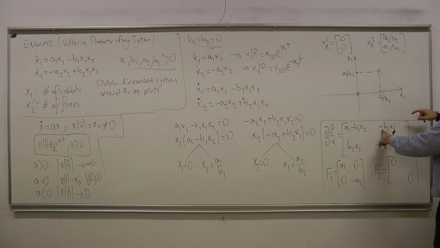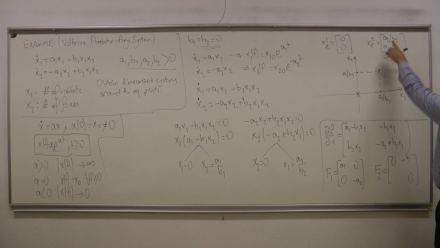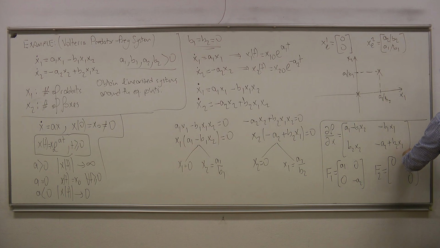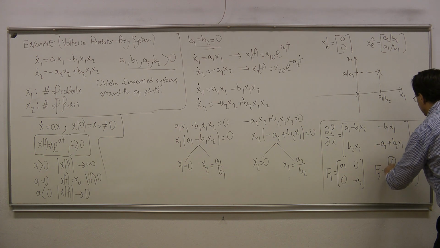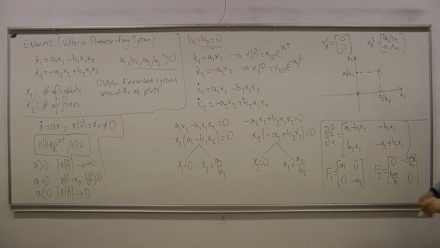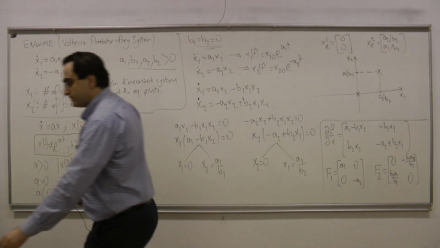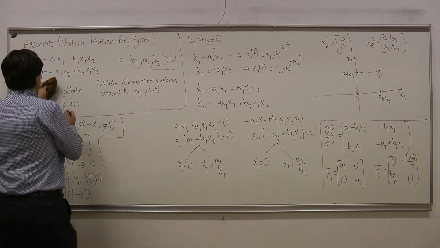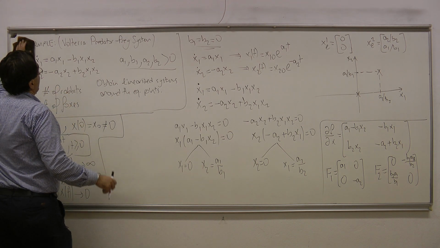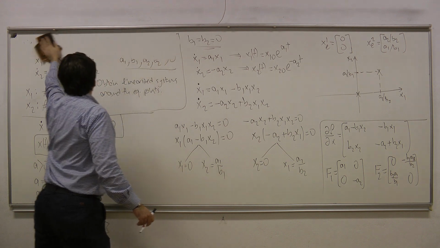And this one is minus b1 times a2 over b2, and this one would be b2 a1 over b1. Okay, I have two F matrices for these equilibrium points.